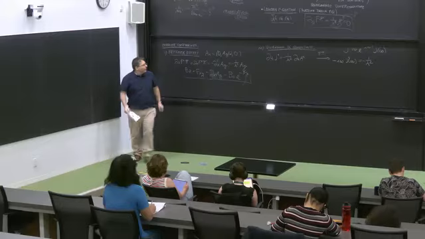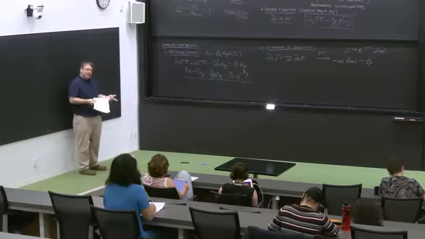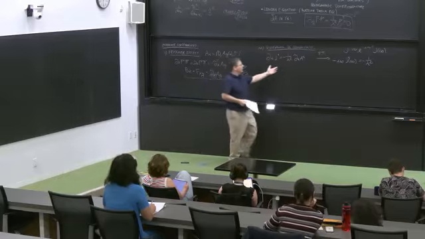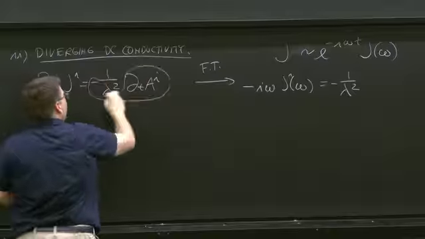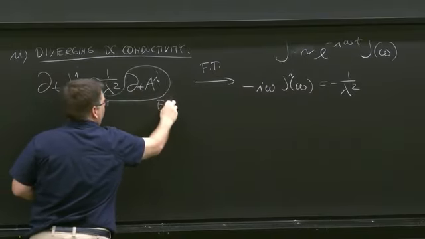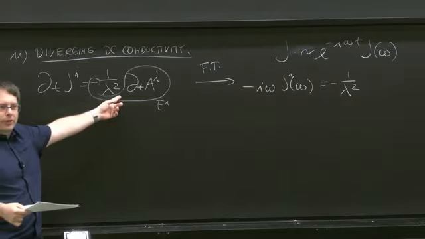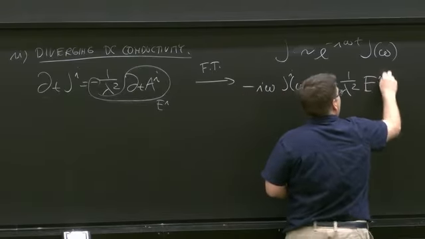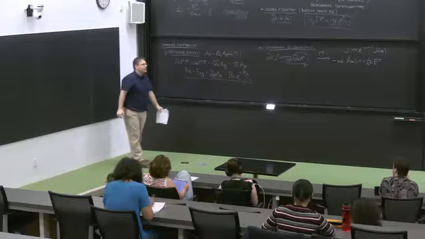But recall that when you want to form the electric field from the vector potential, it's just given by the time derivative of the vector potential. So this thing here with a minus sign is just E_i. That's how the electric field is defined in terms of the vector potential, and you can do it in omega space as well.